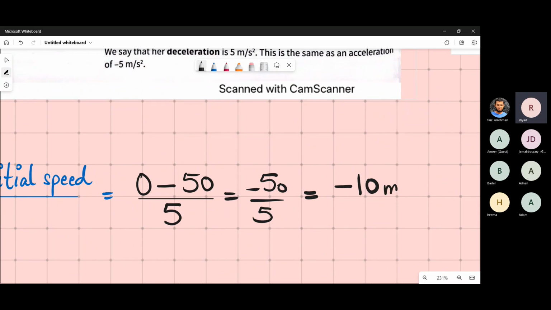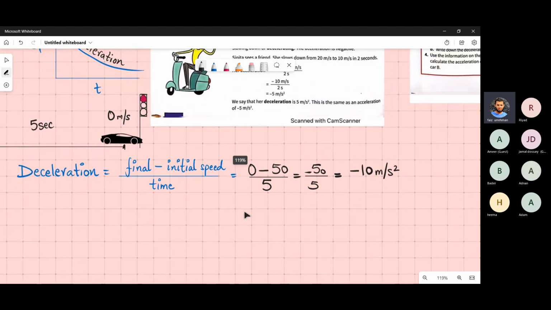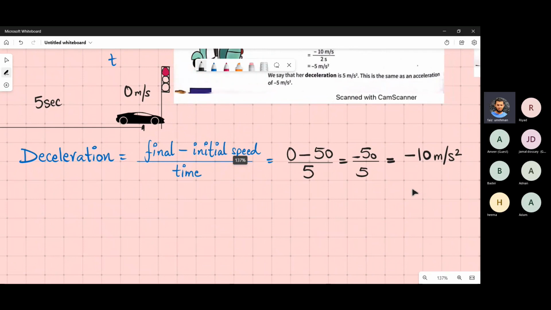Why use square? I will explain that in a moment. It is very simple, but let me tell you something different first. There are two ways to write your answer for deceleration.